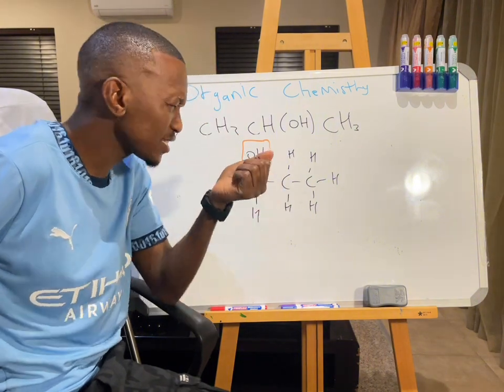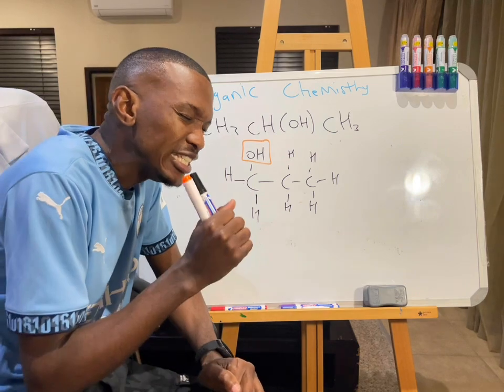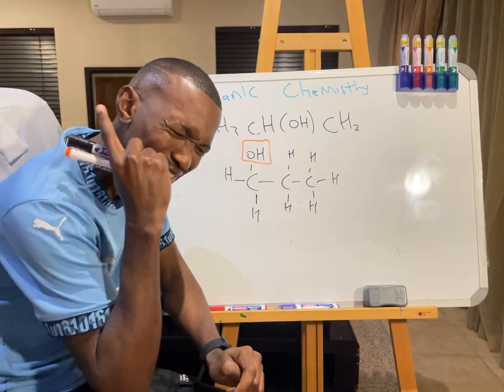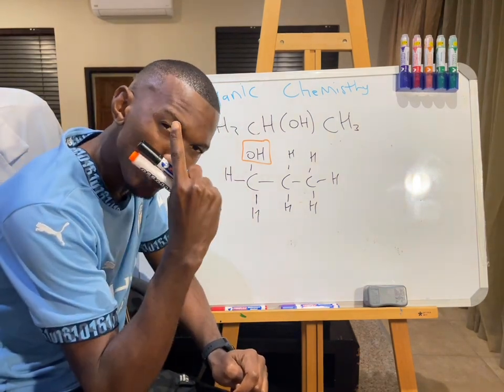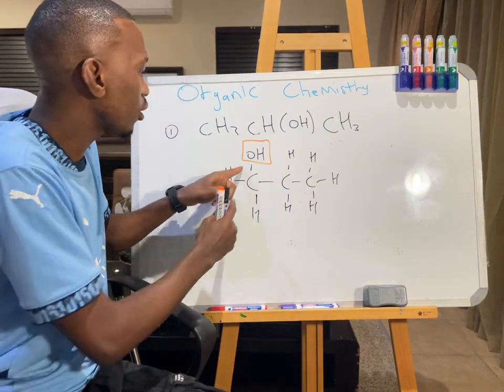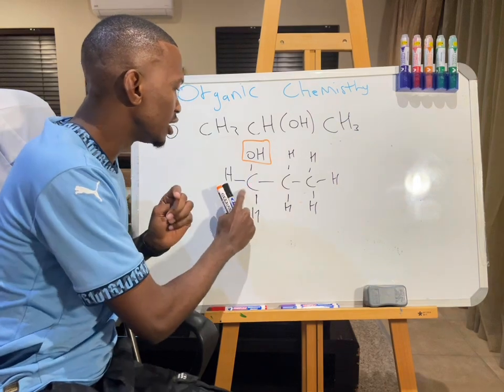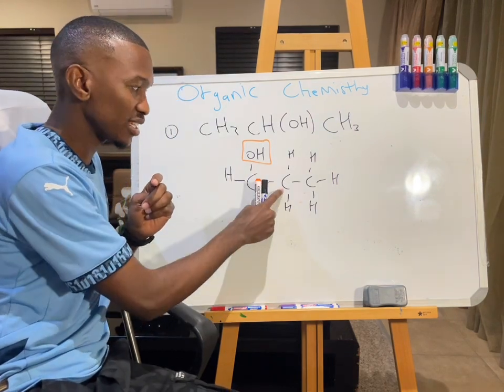The carbon that has the hydroxyl group, or the OH, must be attached to only one carbon atom. That's why we call it primary. It's a primary alcohol because this carbon that has the OH is attached to only one. Look, do you see any other carbon attached to this guy besides this one?